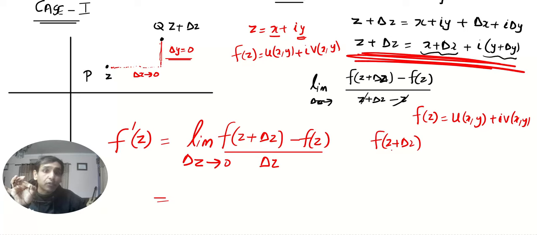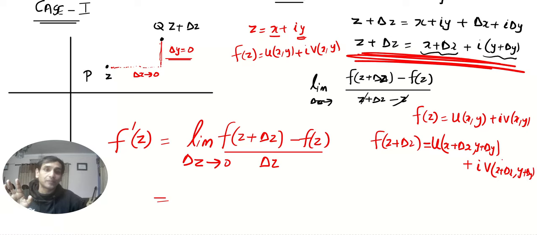I want f(z + Δz). That will be u, what is the real part? u(x + Δx, y + Δy) plus i into v(x + Δx, y + Δy). You think about it once more. Suppose my input is 6 + 2i.